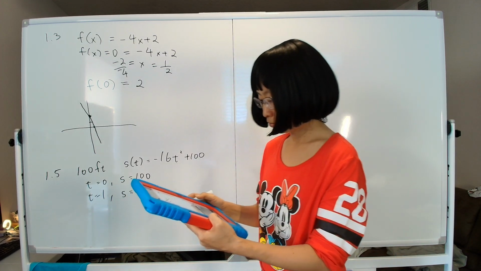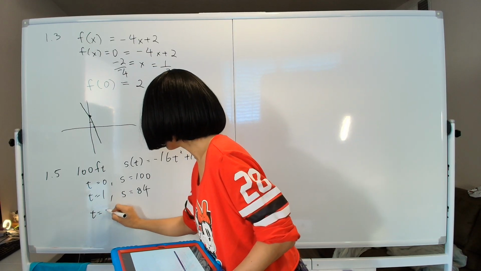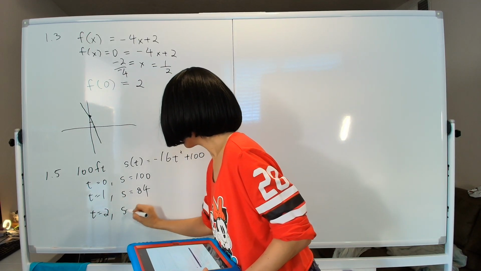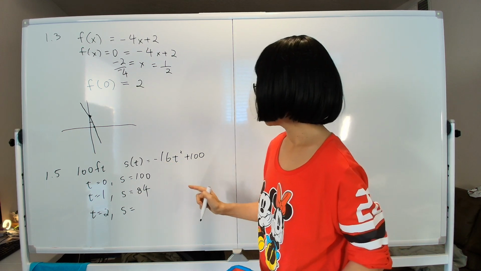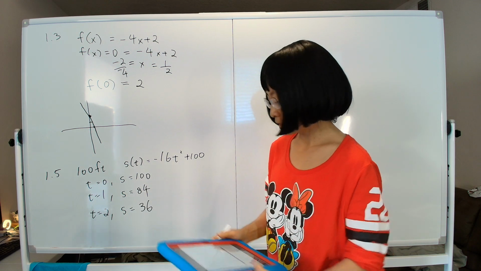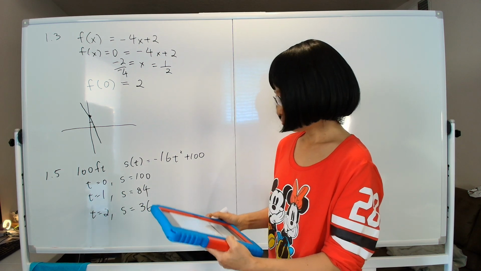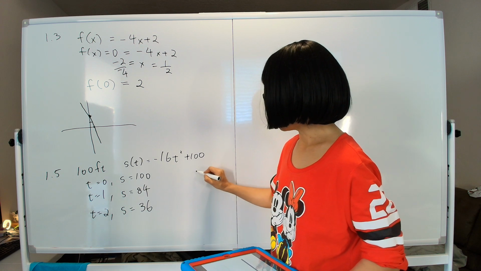And then what else do we want? Okay, when t is 2, S equals, that's 4 times 16 is 64. And so you have 36 left. All right, so with that, let's draw our little graph.